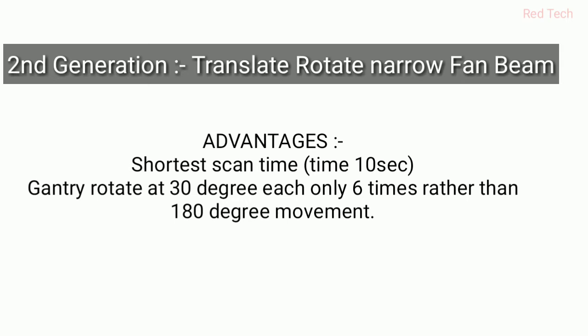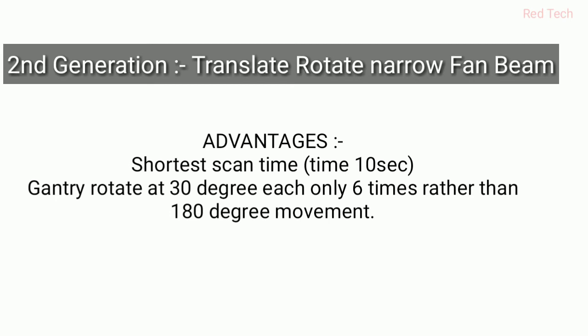Means the gantry rotates 30 degrees in 6 intervals and covers the 180 degree portion, as compared to the first generation where the gantry movement is 180 degrees to complete one rotation, but in this case the gantry only moves 30 degrees, taking 6 rounds to complete 180 degree movement.